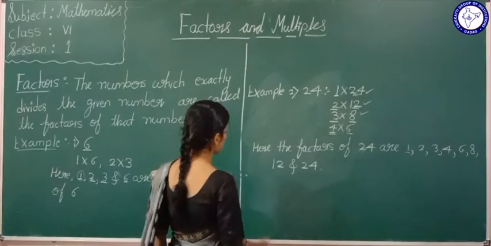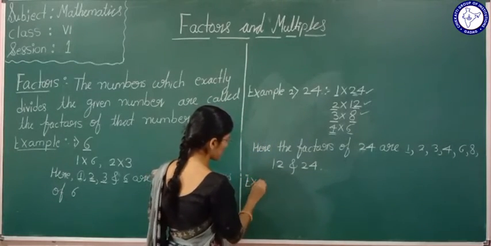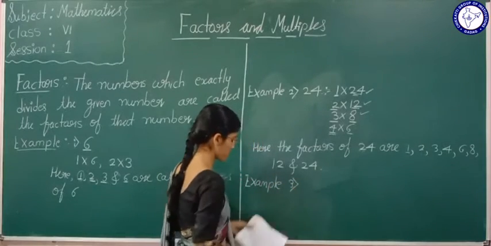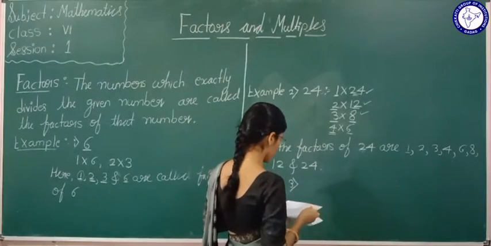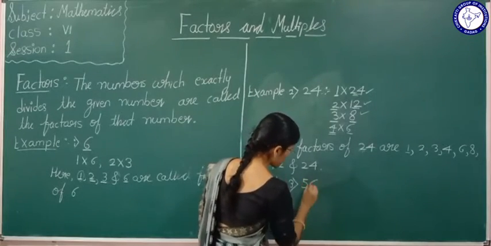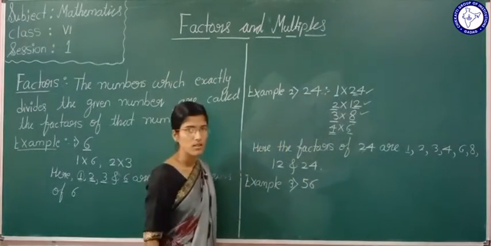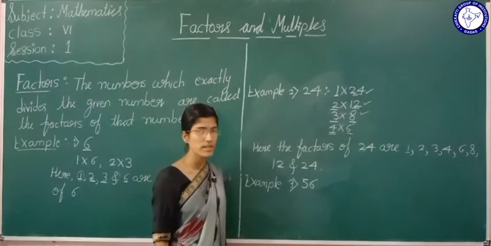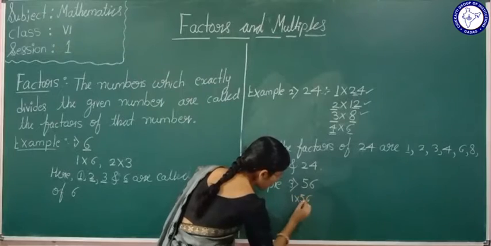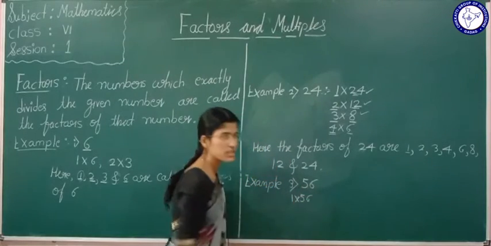Say, consider one more example. Example number 3. We will take one more, 56. Now this 56, how can we write it? This 56 can be written as 1 multiplied by 56 is 56.